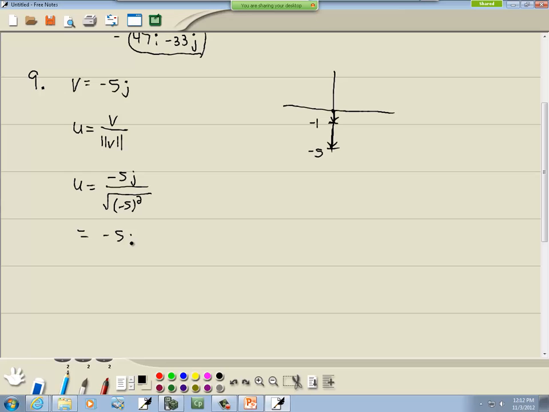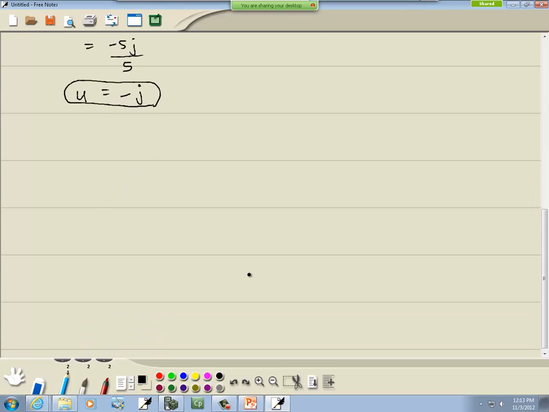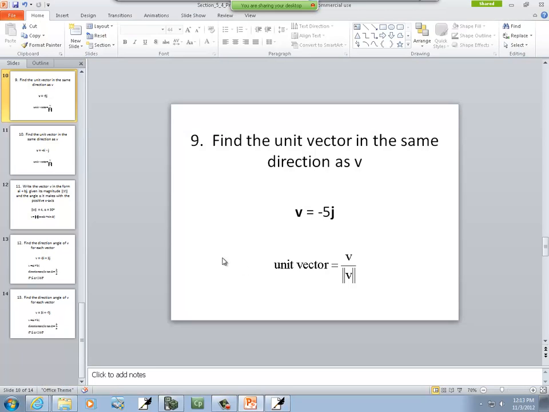So that gives us negative 5j over negative 5 squared is 25, and square root of 25 is 5. And the 5's cancel, and we got negative j. So that's our unit vector. That one was kind of boring. Let's look at a little bit more exciting one.